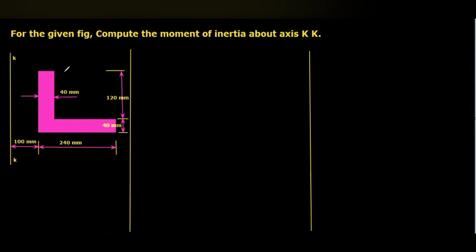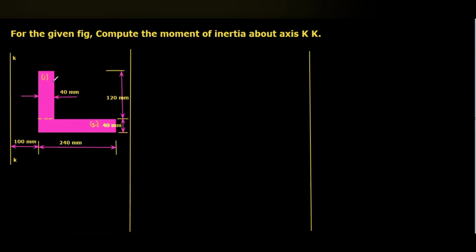Here, this diagram, the figure or the section, whatever is given here, consists of two rectangles. I am going to split these two rectangles here. So this will be the first rectangle and this one will be the second rectangle.